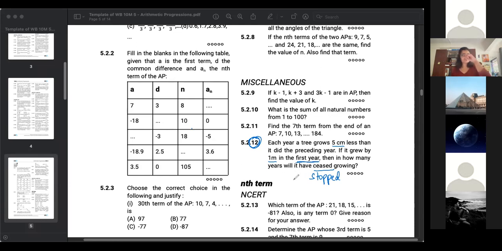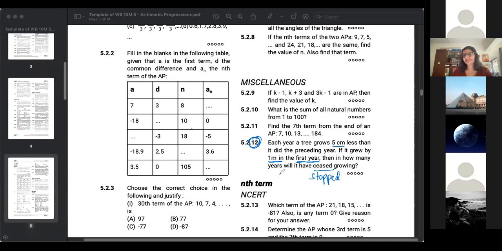I'll give you time to figure it out. If you're not able to proceed, I'll do it on the whiteboard. Otherwise, let me know. Mansi got it. Very good.